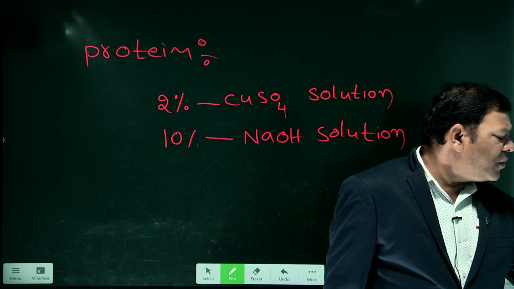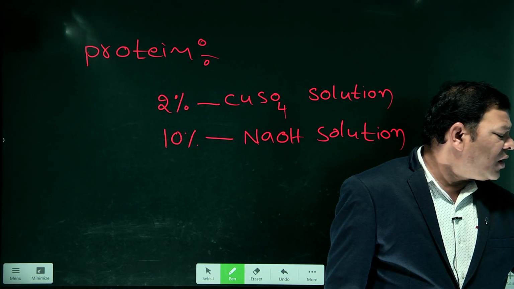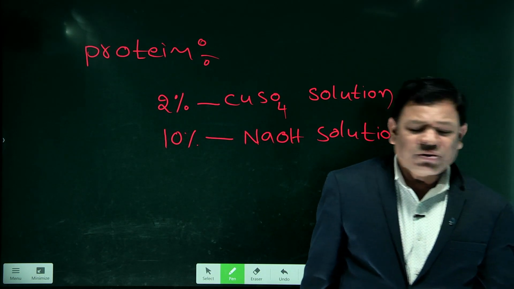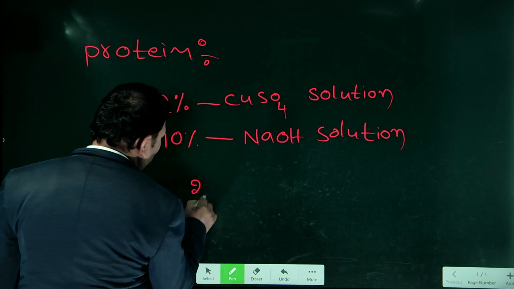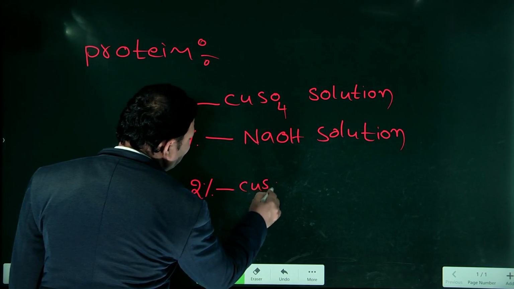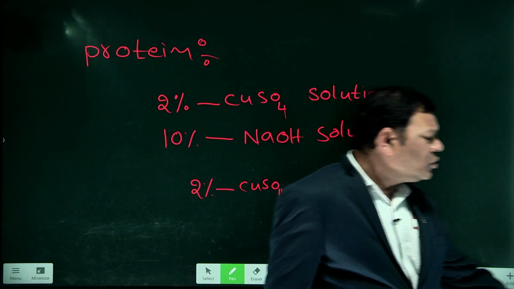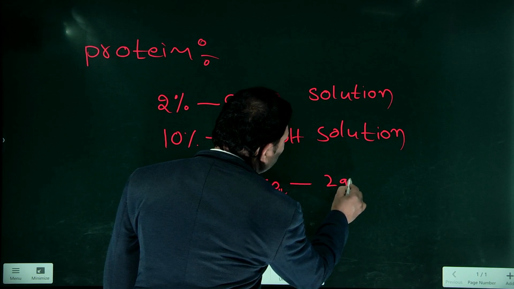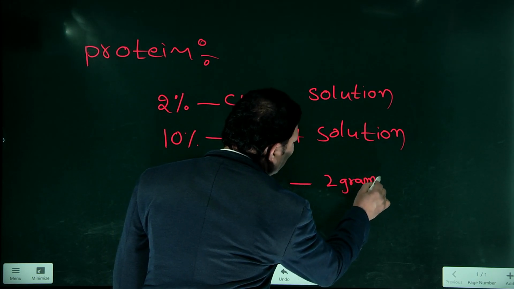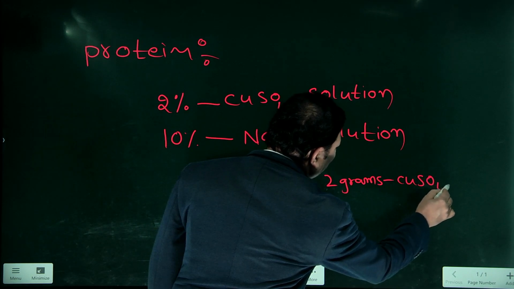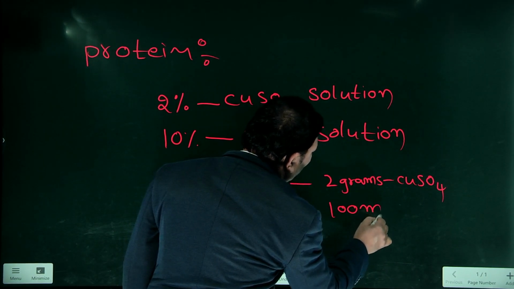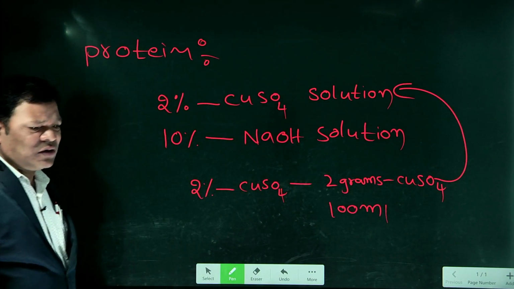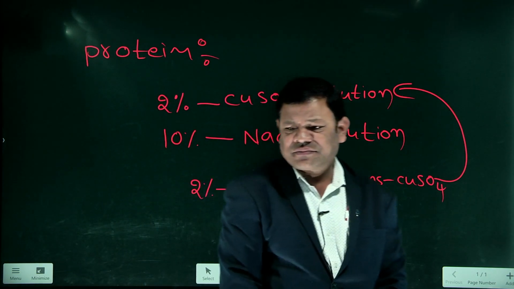Okay, first of all, for 2% copper sulfate solution, take 2 grams of copper sulfate and 100 ml of water, which makes the 2% copper sulfate solution. Is it clear? Yes, sir.